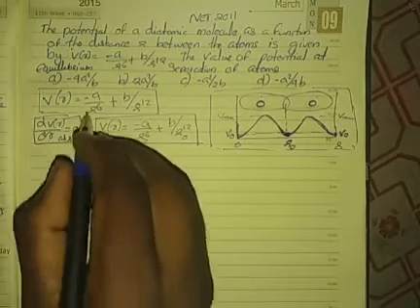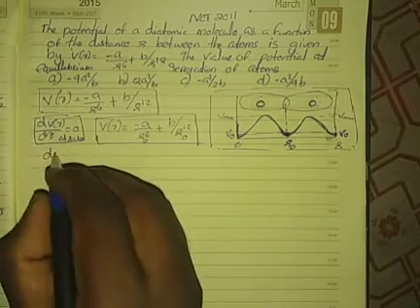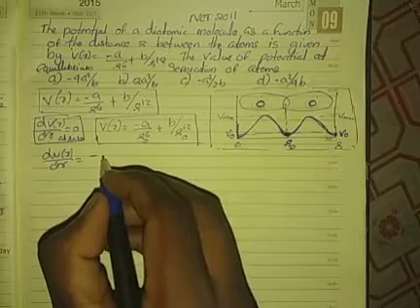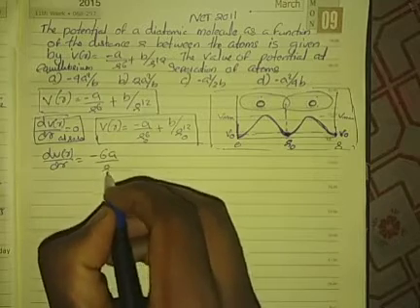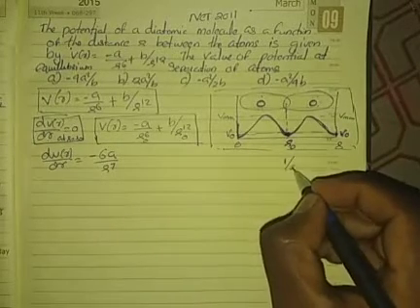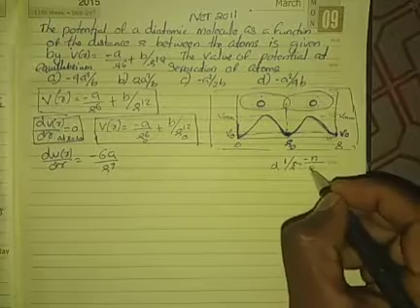So I'm going to take the derivative of the potential V of r. dV of r by dr must be equal to minus 6a by r raised to 7, right? Because the derivative of 1 by r raised to n is minus n by r raised to n plus 1.